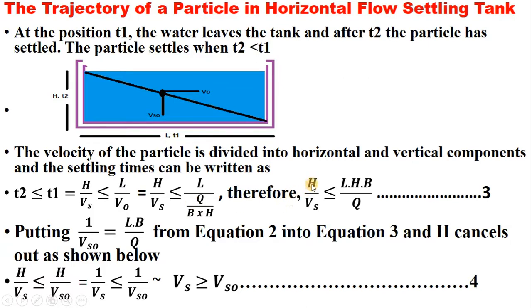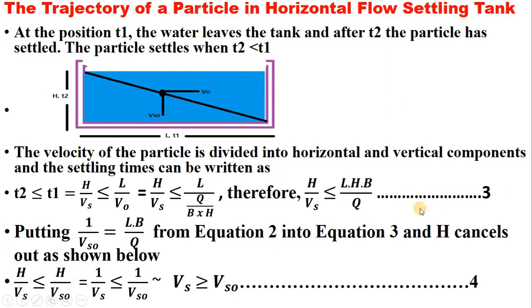Therefore, H all over Vs is less than or equal to L H B all over Q. That is, we invert it because it's an improper fraction. When we invert it, this will come up to multiply L here, whereas this will remain at the denominator. So this is now equation 3.